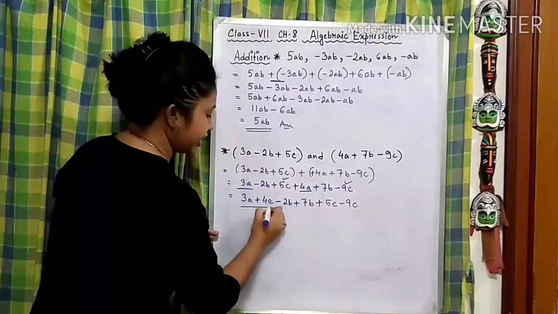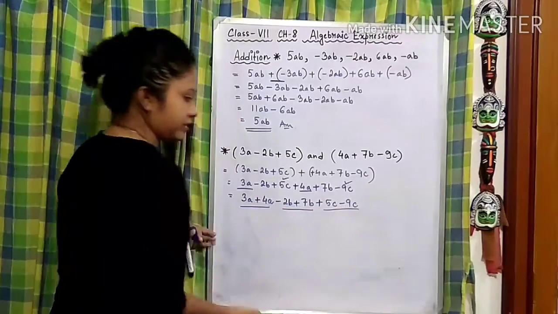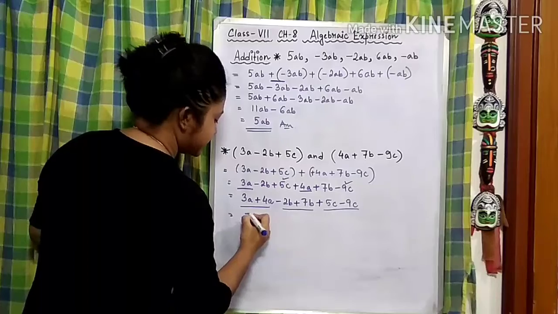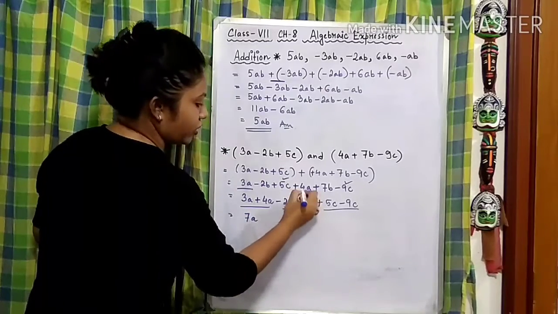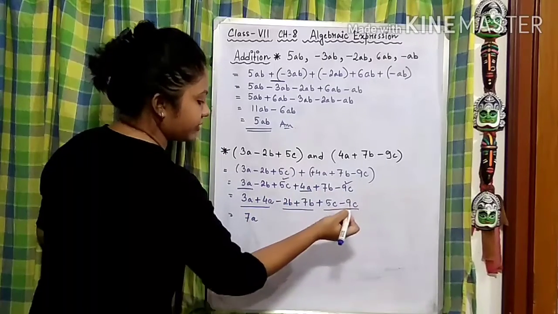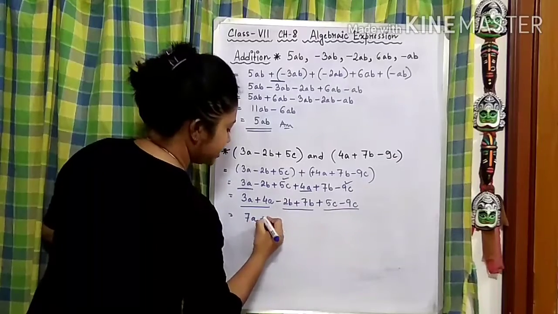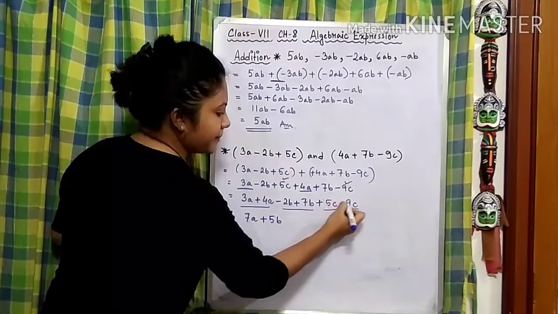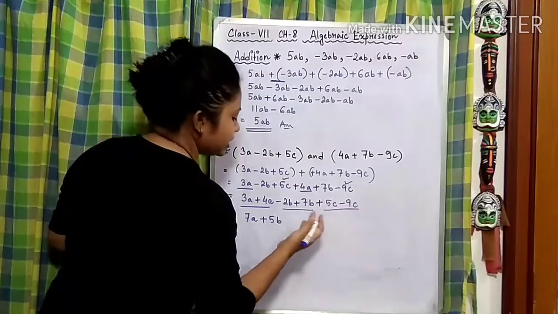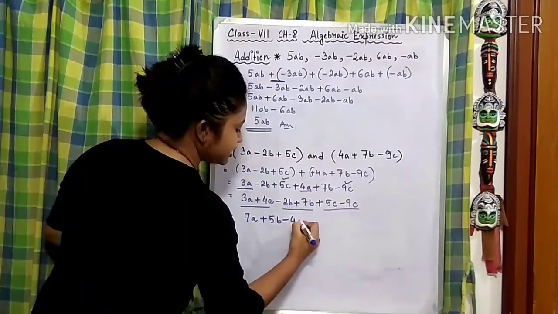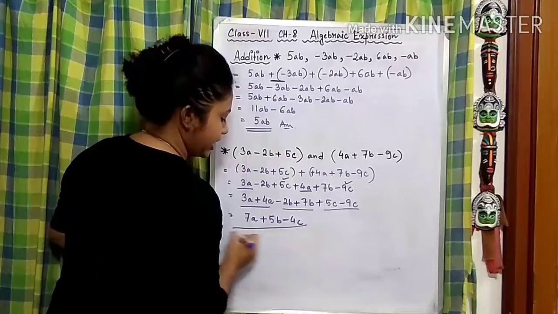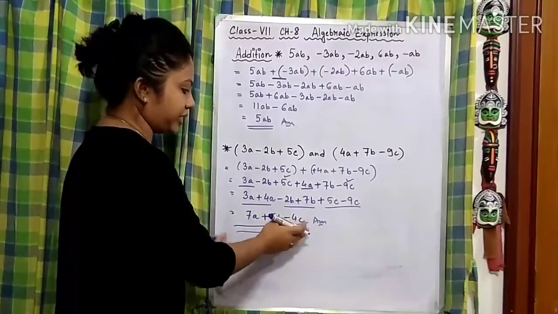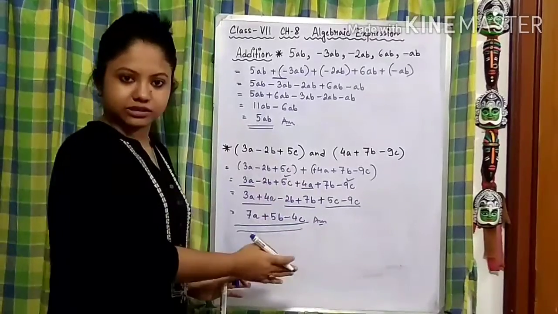Now do the operation: 3a plus 4a gives 7a. Minus 2b plus 7b gives plus 5b. Plus 5c minus 9c gives minus 4c. So this is our answer, an algebraic expression.